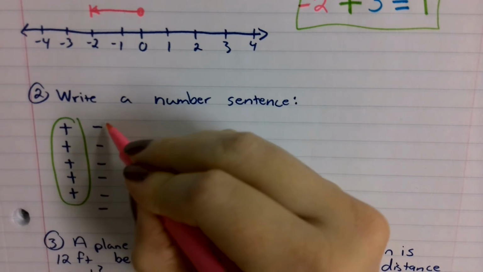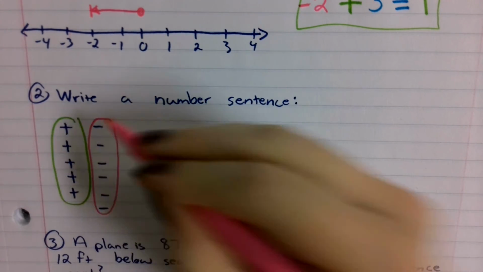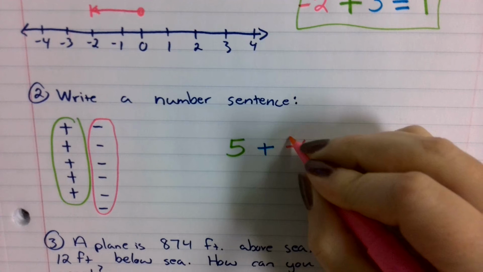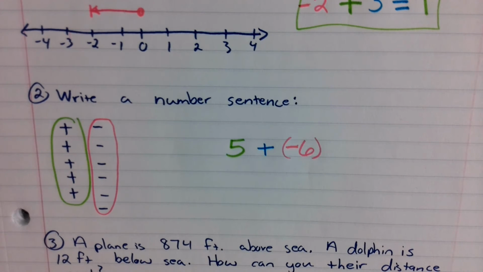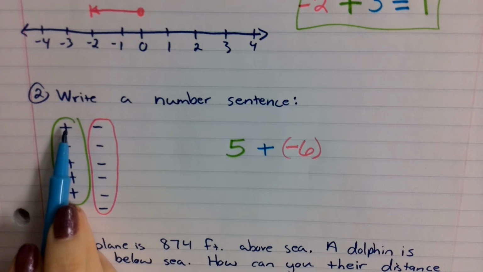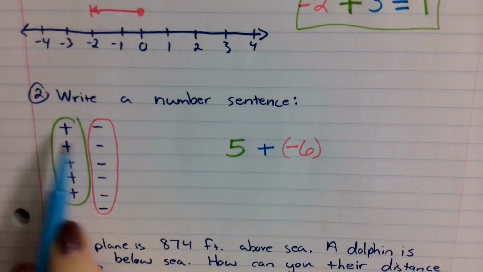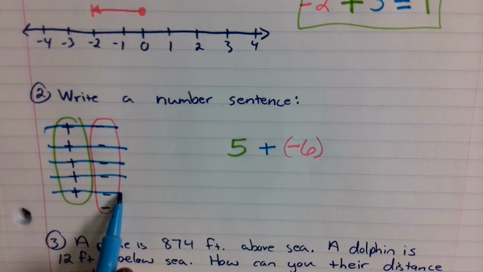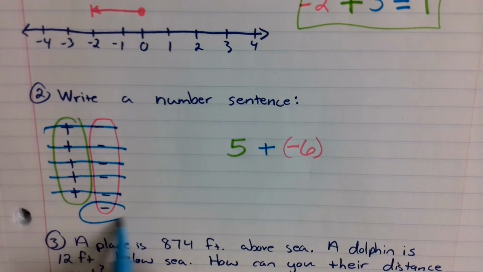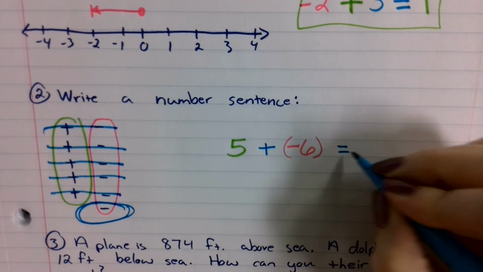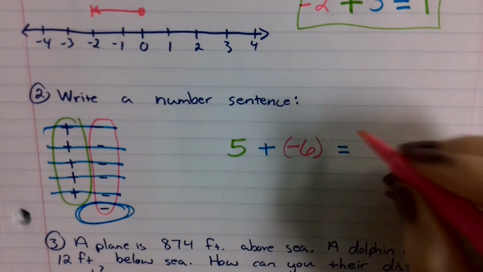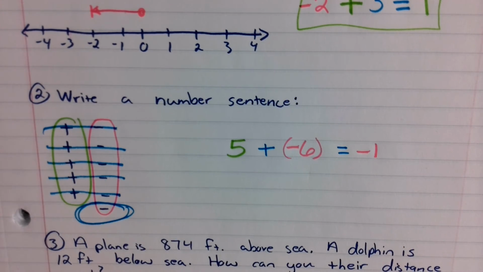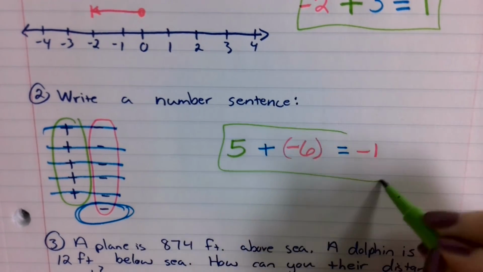The second number is a -6, because we have 6 negative counters. And remember that every positive can be zero paired with a negative. So we can zero pair 5 pairs, leaving us with 1 negative left over. So there's our number sentence.